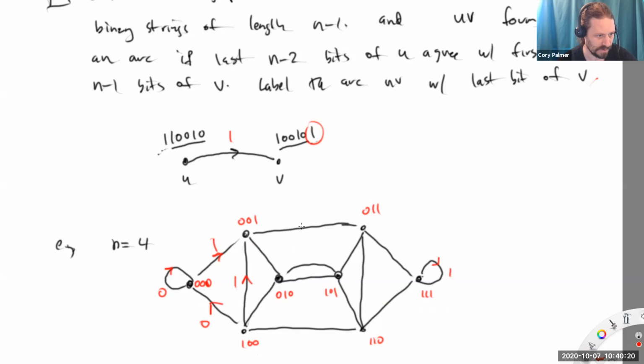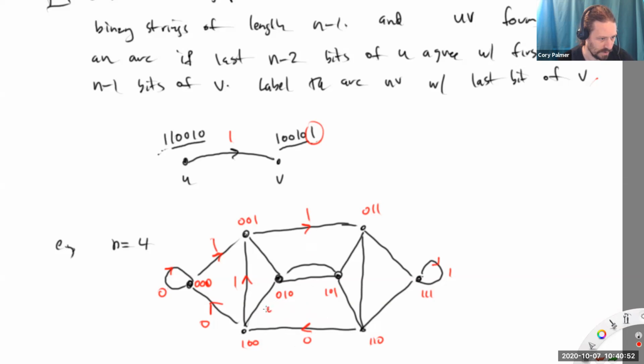This guy goes to this guy. This should be the direction here, and there's a 1. These have both directions. You guys can help me fill in the blanks here. This one goes there and adds a 0 to the end. You can think of it as shifting slightly. This guy goes here. Whoa, is that right? It's not clear which direction this arc is.